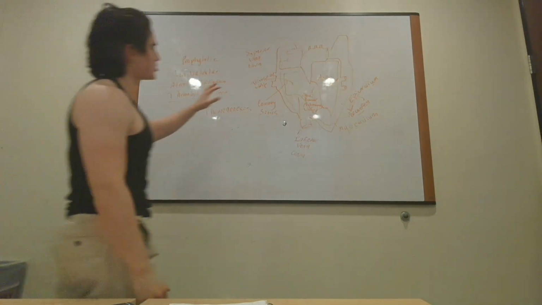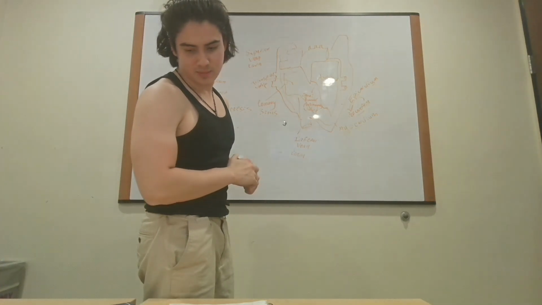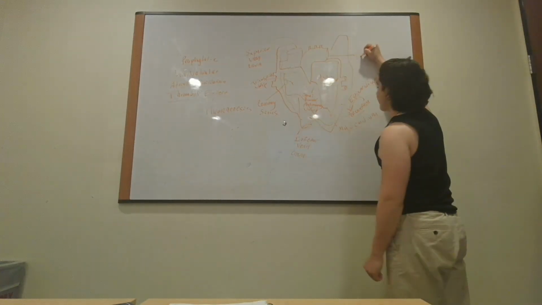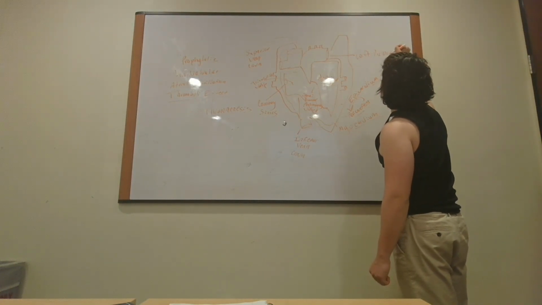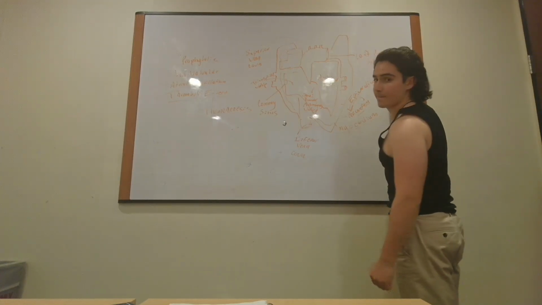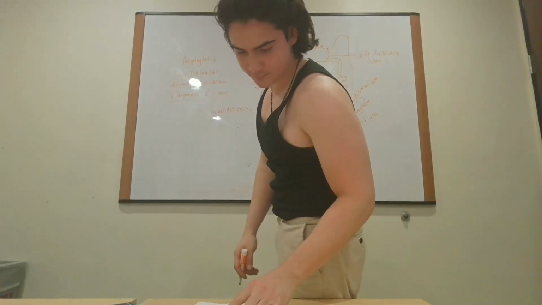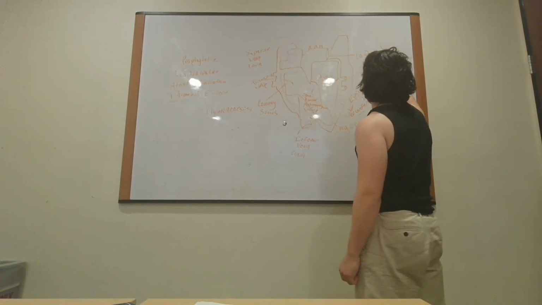Okay, so here we have the superior vena cava. I'm missing a couple. I'm getting ahead of myself here. Then we've got the left pulmonary artery. Okay. And then we've got the left pulmonary veins. Why did I forget these guys?